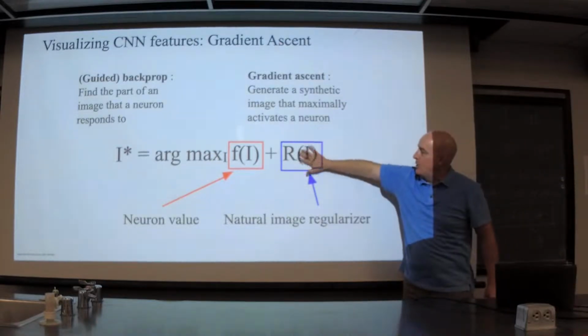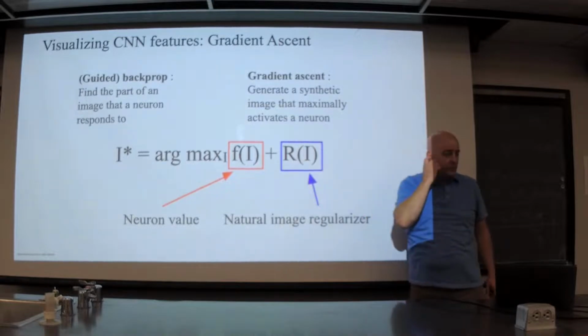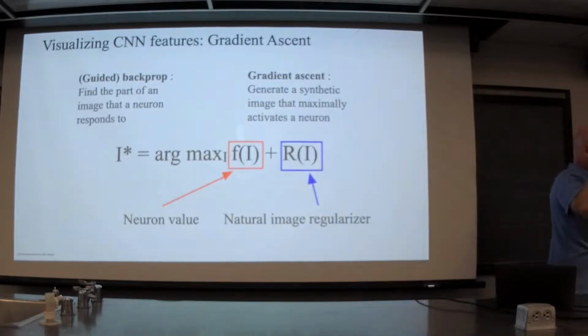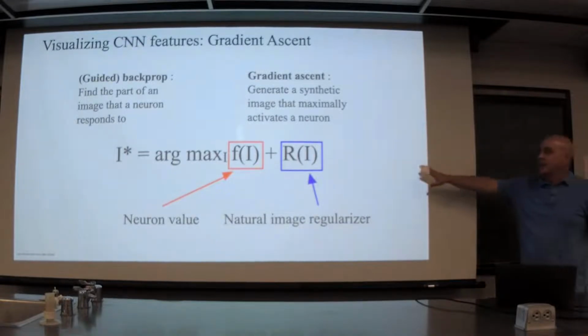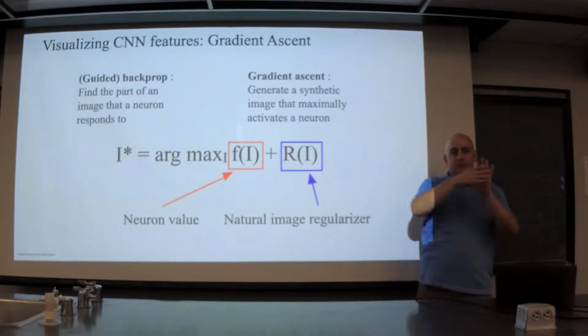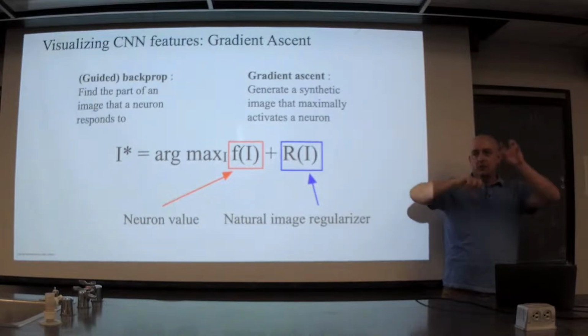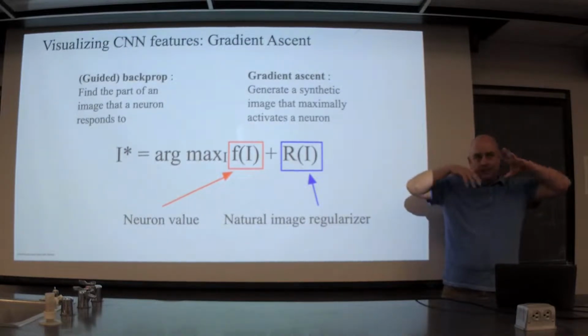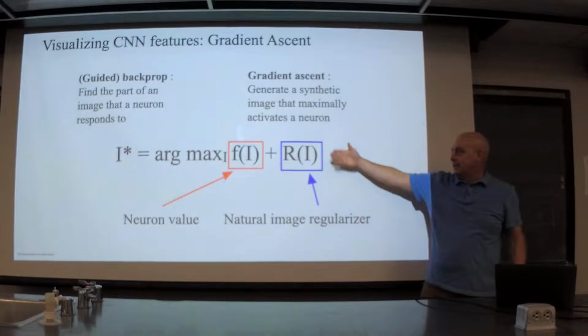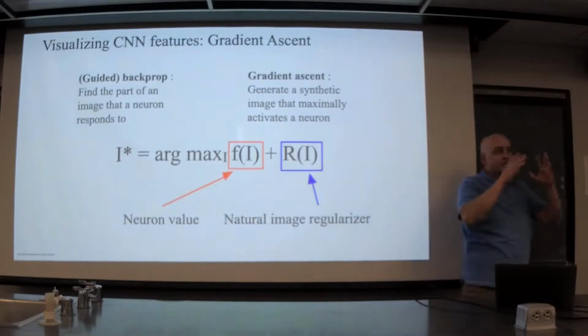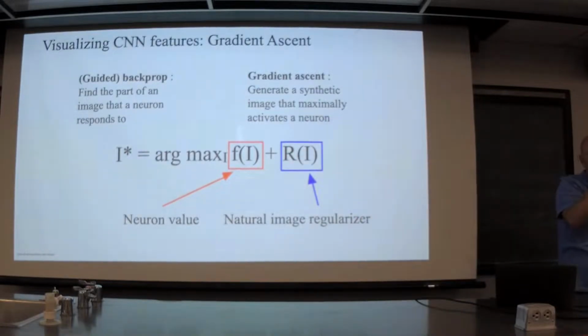Oftentimes we put a regularizer on this procedure as well, so that we don't get something super crazy. We want this to look like an image, so oftentimes these impose a smoothness amongst the pixel values. This has to do with the data set. When we look at natural scenes, we don't typically see pixels going from one to another with everything changing very rapidly.